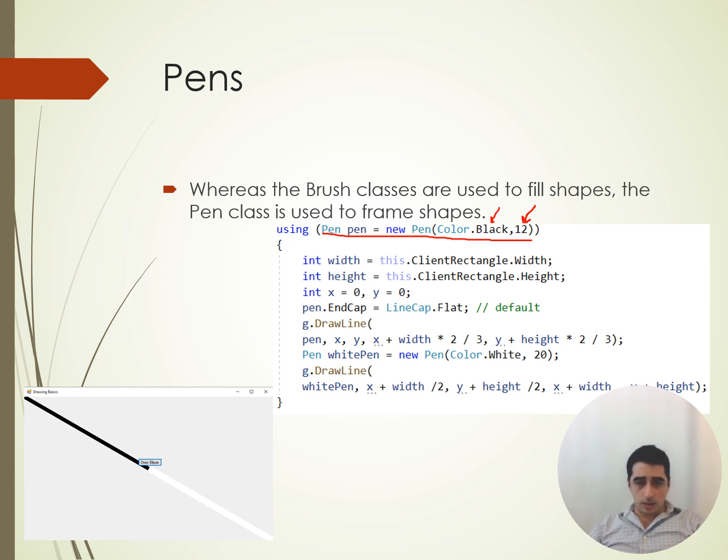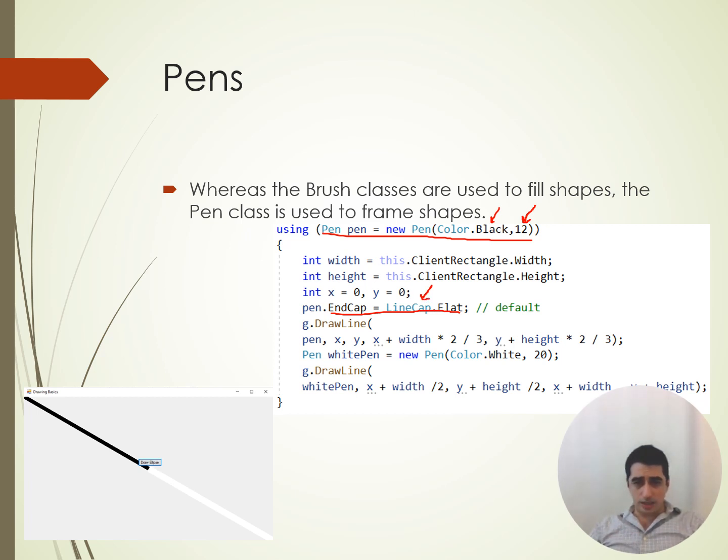And then you can set the end cap to whatever shape you want. The default is flat cap, but there are different line caps that you can pick by going through this enumerator.